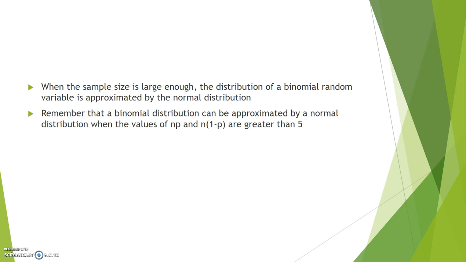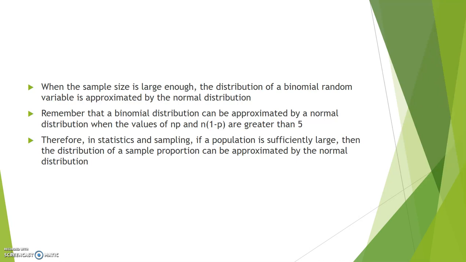We also learnt that when the values of n times p and n times 1 minus p are greater than 5, then we can use the normal distribution to approximate the probabilities in a binomial distribution.